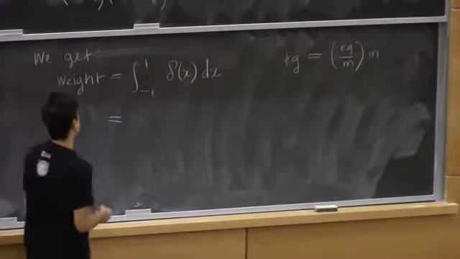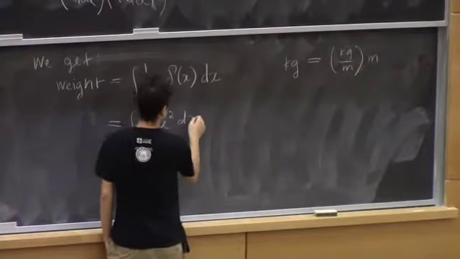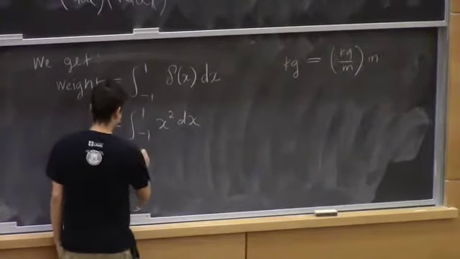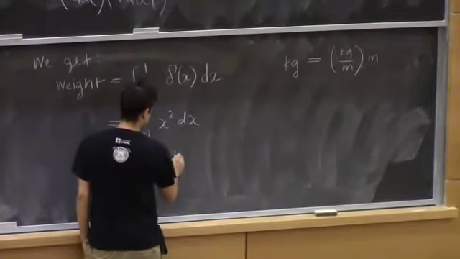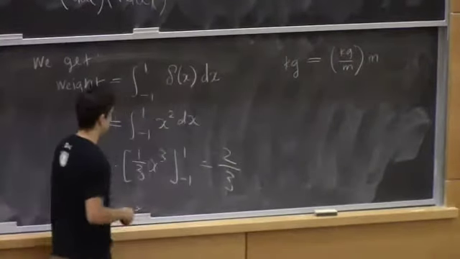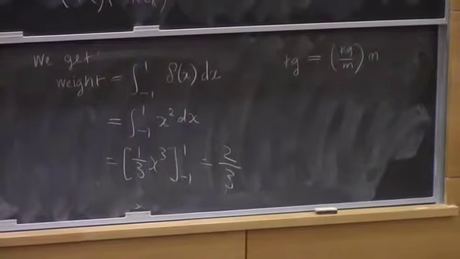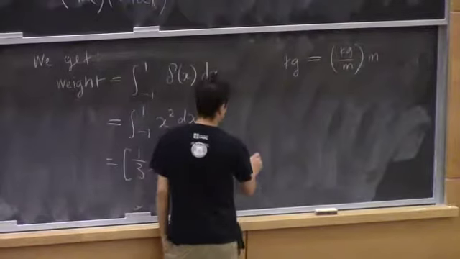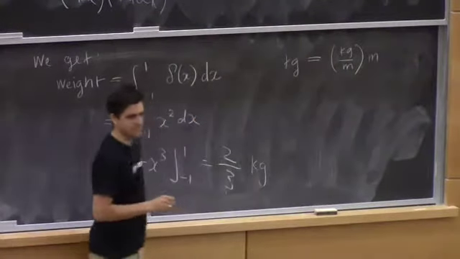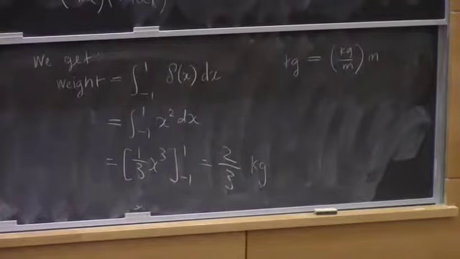So what do we get? Doing the arithmetic, we get 2/3 of a kilogram in weight. That's the one-dimensional version of these things.